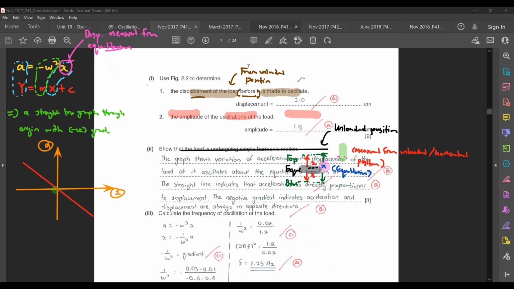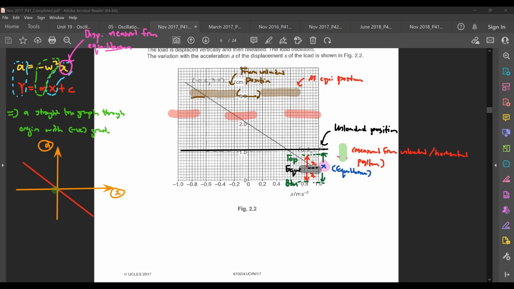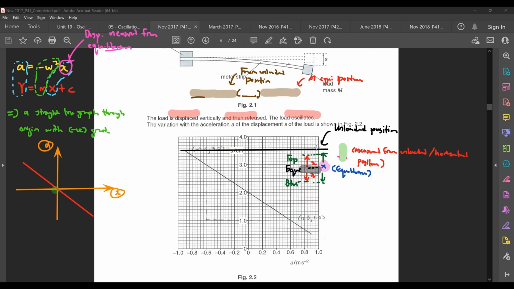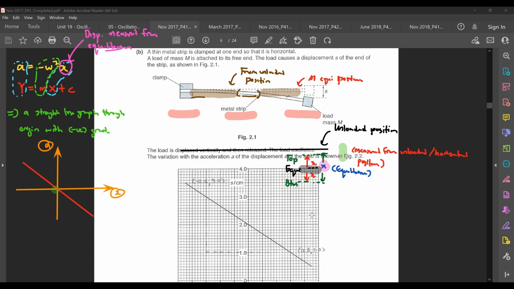This one is actually talking about the equilibrium position. Okay, so if you look back at your graph, where do you suppose is your equilibrium position? This part here is your equilibrium.